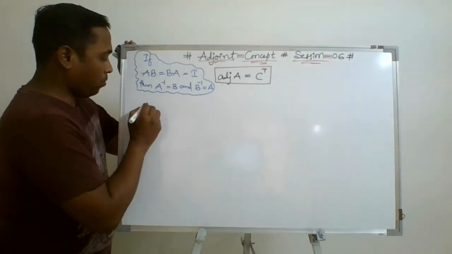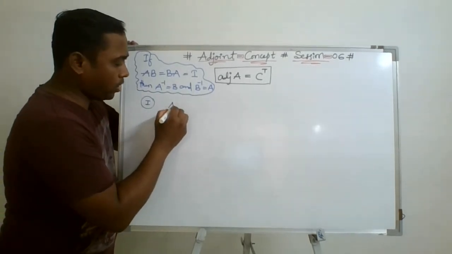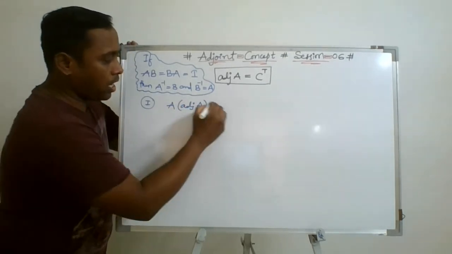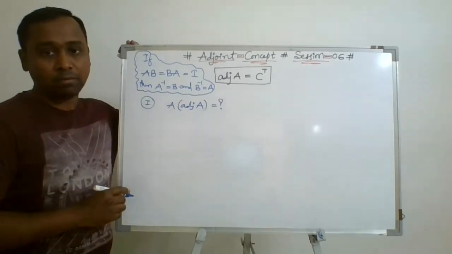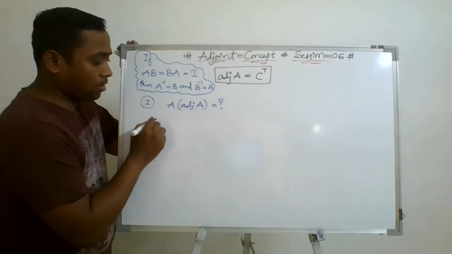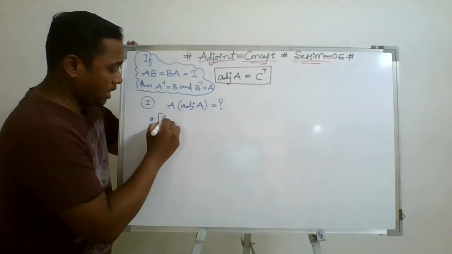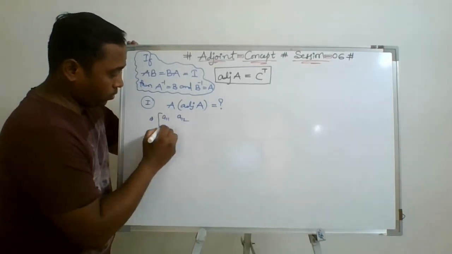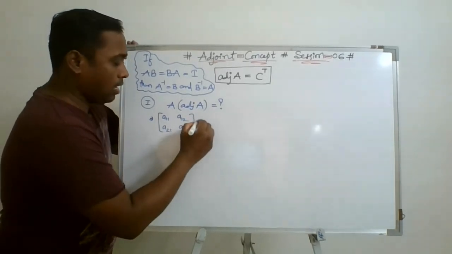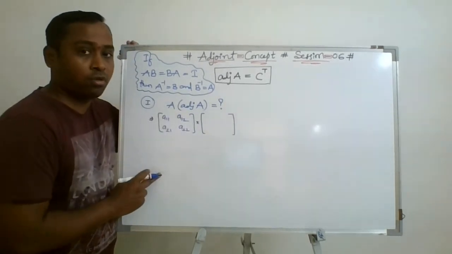See, the first operation I wanted to discuss under the adjoint concept is the product of a matrix with the adjoint of the matrix. I wanted to know the product of a square matrix with its adjoint. Now for that, I'm just writing a 2 by 2 square matrix to understand the concept: a11, a12, a21 and a22. This is matrix A, and as you know, the adjoint means the transpose of the cofactor matrix.